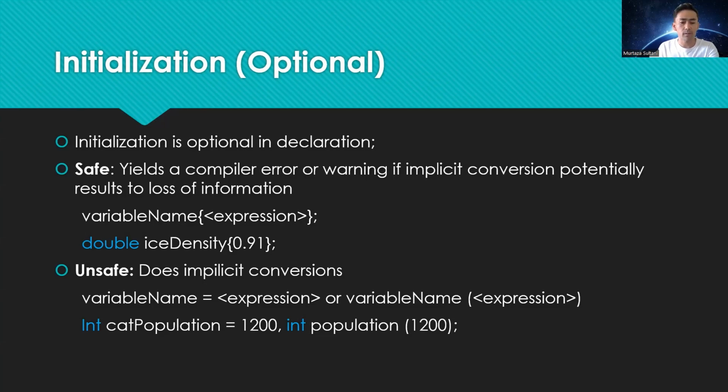For example, integer cat population equals 1,200, or integer population 1,200. This is an unsafe method: in case we have implicit conversion of data types, we may encounter loss of information.